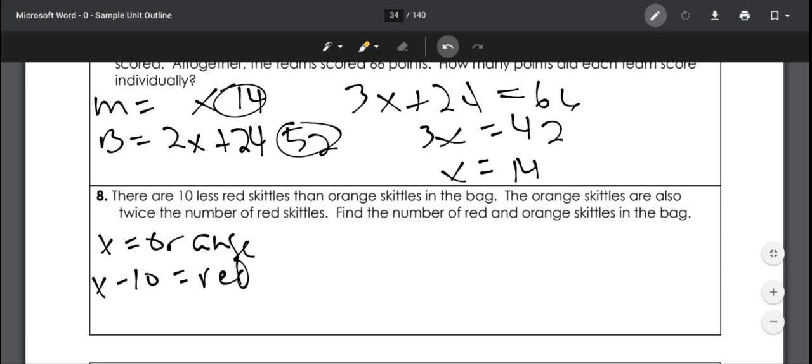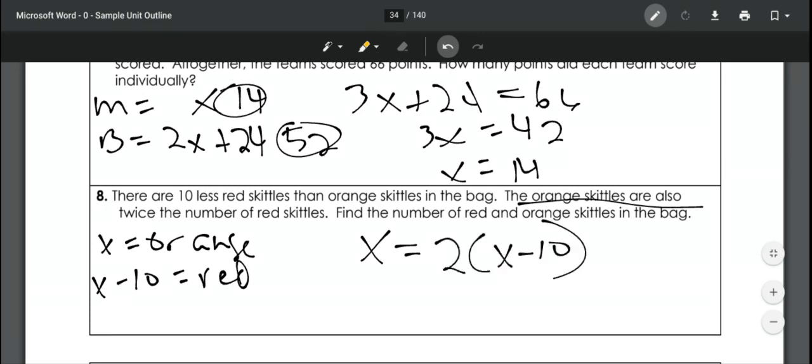And so it says the orange Skittles are twice the number of red Skittles. Find the number of each one. So on this one, we're going to do the distributive property and get 2x minus 20 equals x.